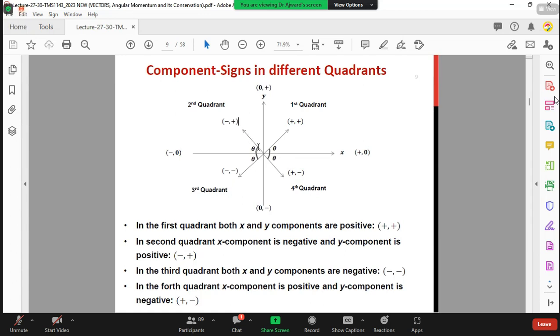We take the small angle instead of the large angle. If we take the small angle here, it is easier to understand.